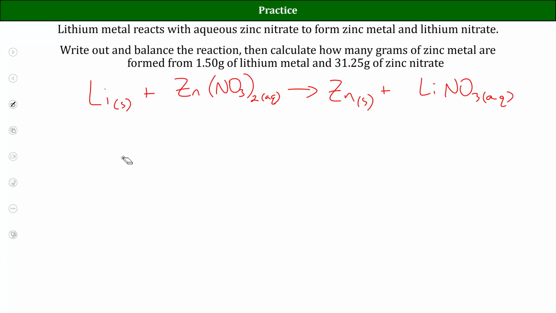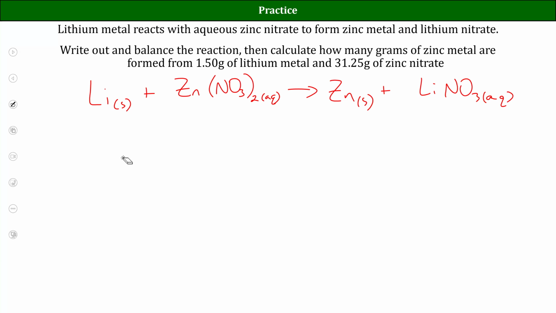We only need to think about the nitrogens and oxygens separately if my nitrate is turning into something like oxygen gas and nitrogen gas, or changing the nitrogen into some other form. As long as that polyatomic ion is staying as a polyatomic ion, don't mess with nitrogen or oxygen being separate. Just say I have 2 nitrates there.